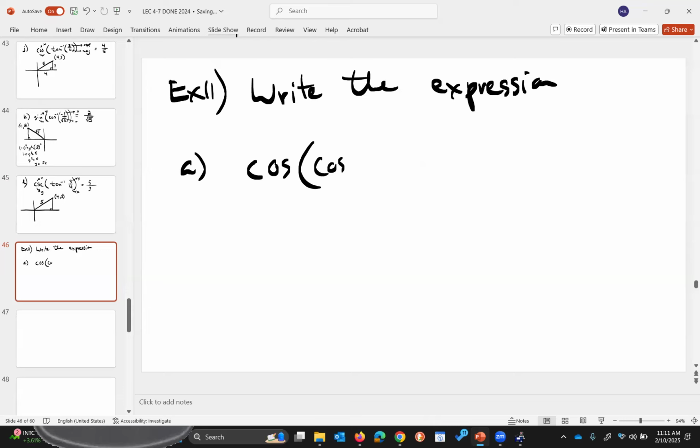Let's do this one. I don't need the extra parentheses. I keep on doing extra parentheses here. And so let me read it here. And let me just check something real quick here.